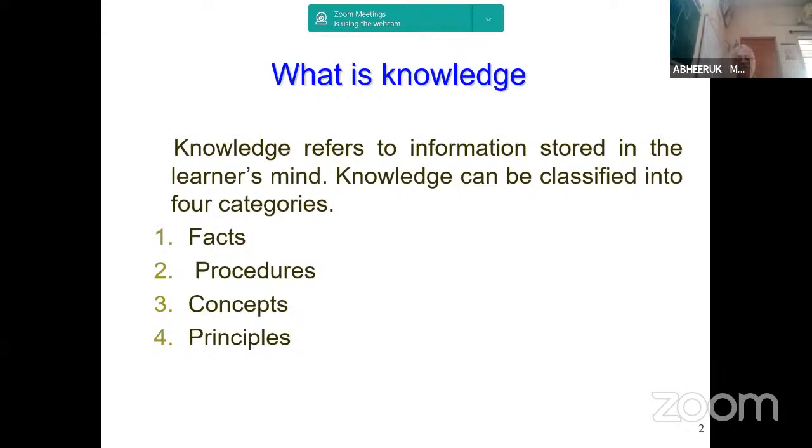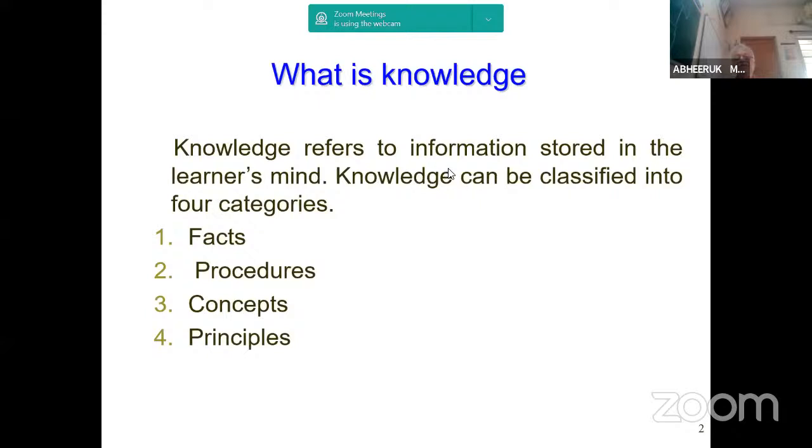In electrical engineering and mechanics, a lot of theories are there. So theories come under the group of principles and concepts. And procedures, methods: how to do the welding, how to cut, how to do the machining. There are some steps, so these come under procedure. And there are some facts, simple information. Nothing to understand, simple information you have to remember.